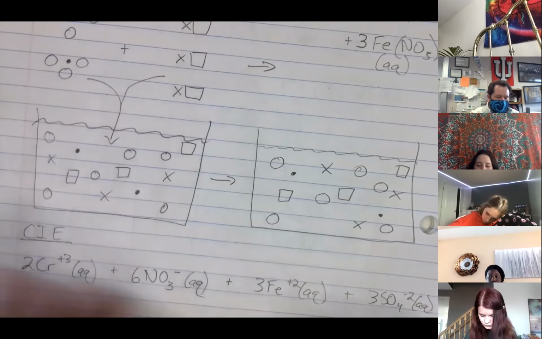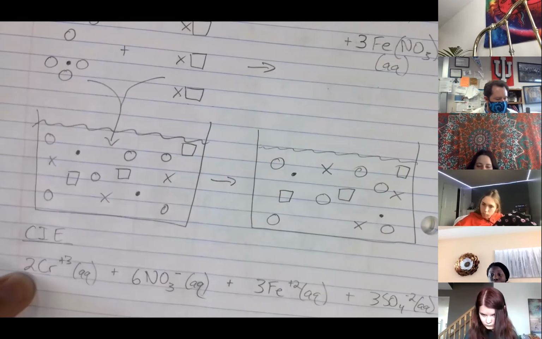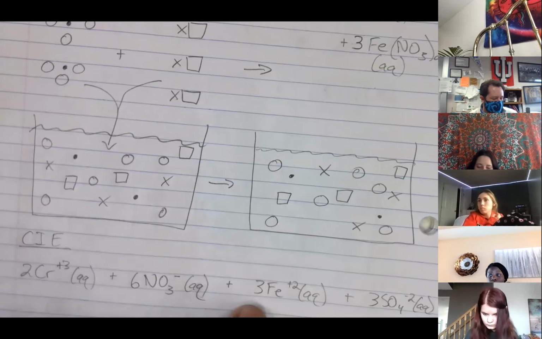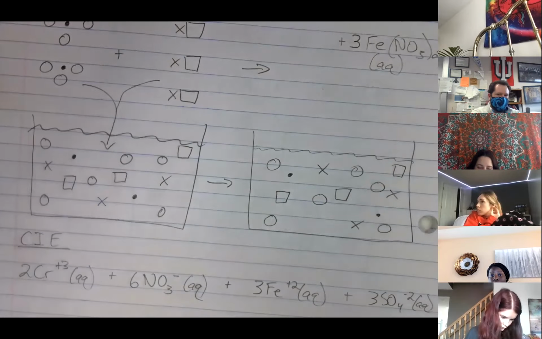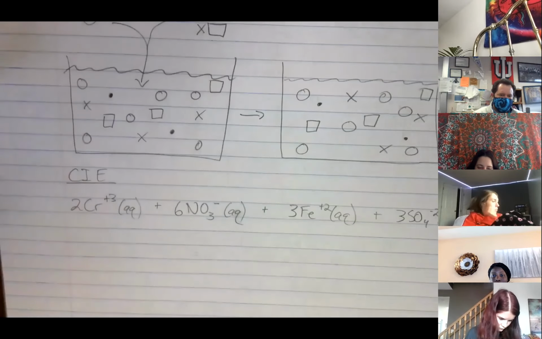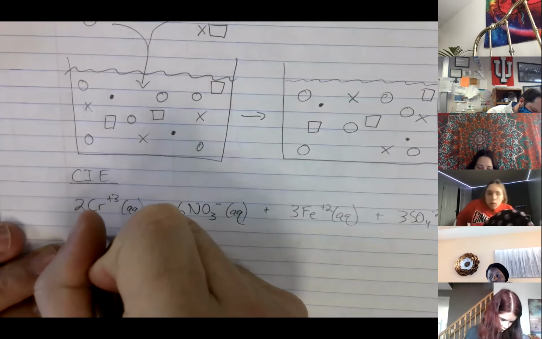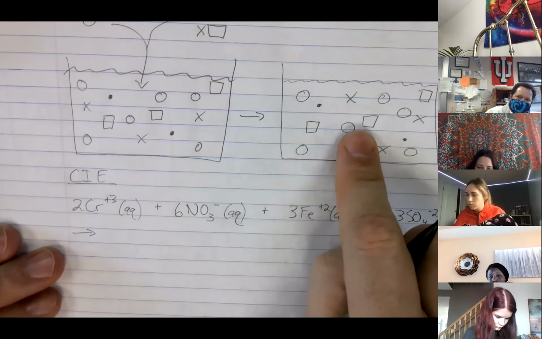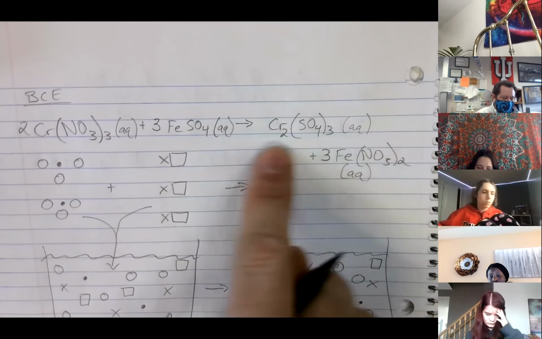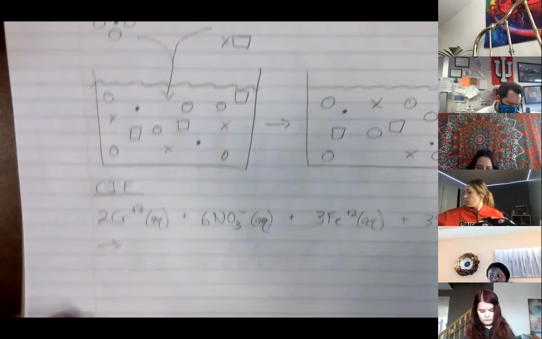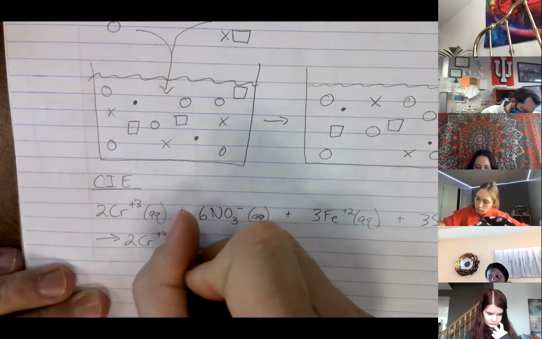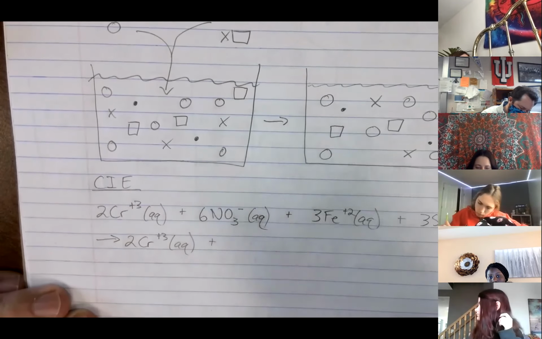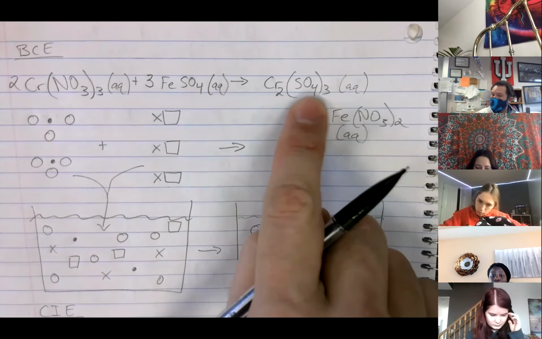We just have a whole bunch of ions floating around in there. Total of 2, 6 is 8, 3 more is 11, 3 more is 14. We got 14 ions floating around in here. On this side, I'm gonna get a look up here. Okay, this one's aqueous. I still got 2 chromiums. Three sulfates.